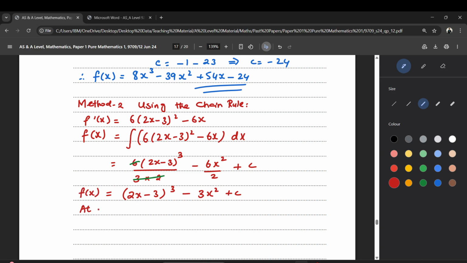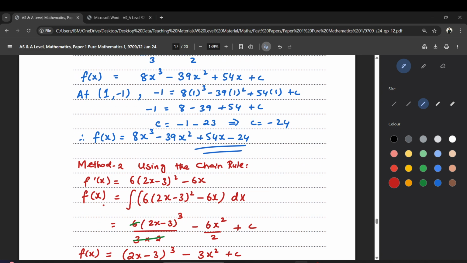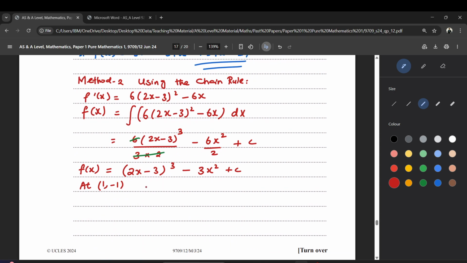Now at 1 comma minus 1, this means that minus 1 is equal to 2 times 1 minus 3, whole cubed, minus 3 times 1 whole squared plus c. So 2 times 1 is 2 and 2 minus 3 is minus 1. The cube of minus 1 will be minus 1.